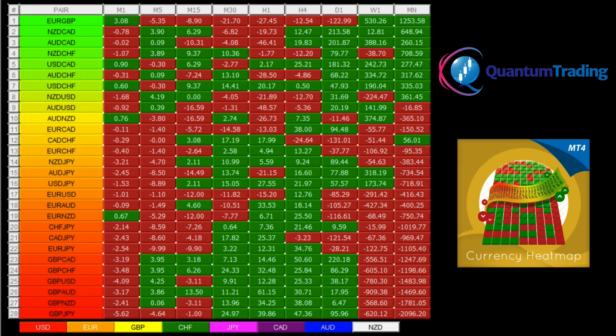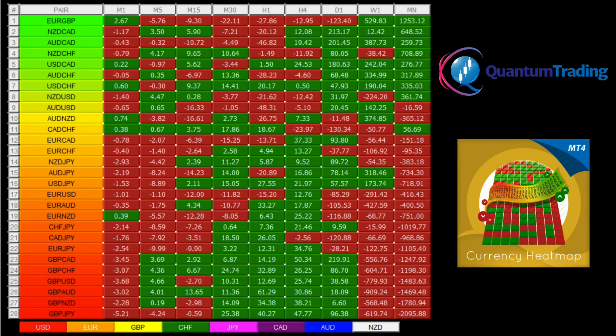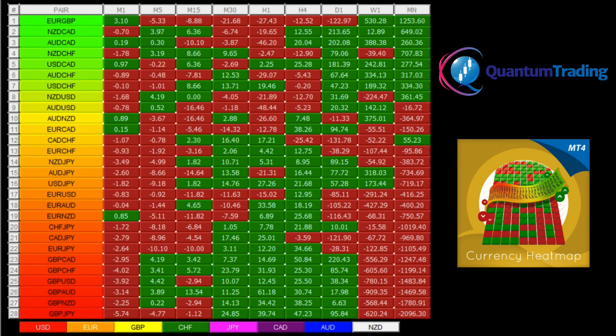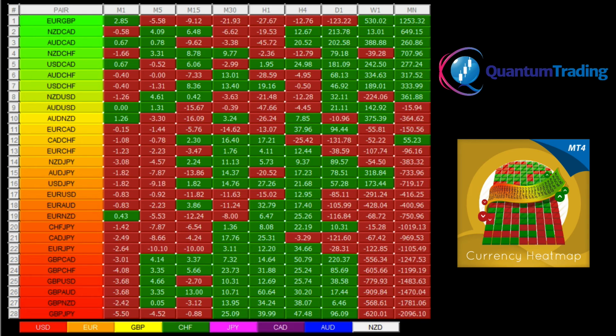The gradation of color is dynamic. Hence, the transition of colors will depend entirely on the sum of the currency pair's performance scores in the 9 time frames. As with all our other indicators, this is dynamic and is constantly shifting in real time to reflect the ebb and flow of sentiment across the time frames.